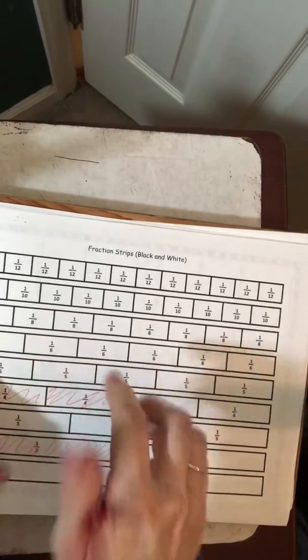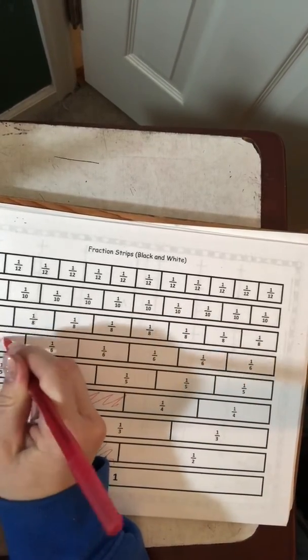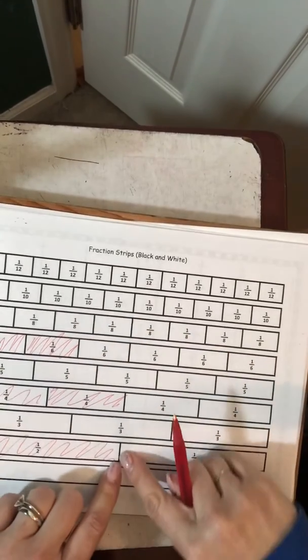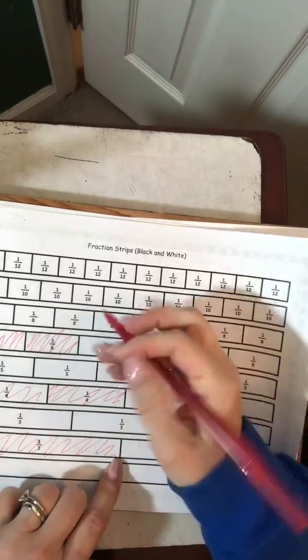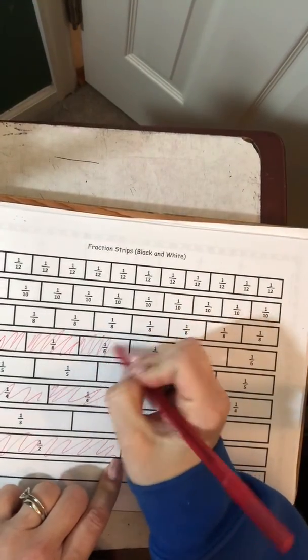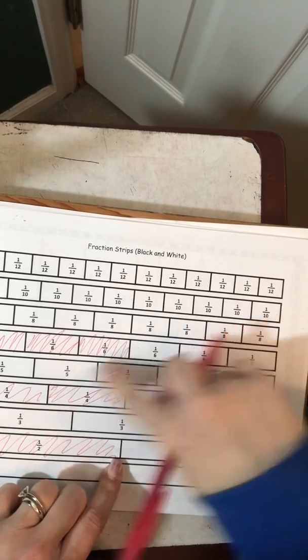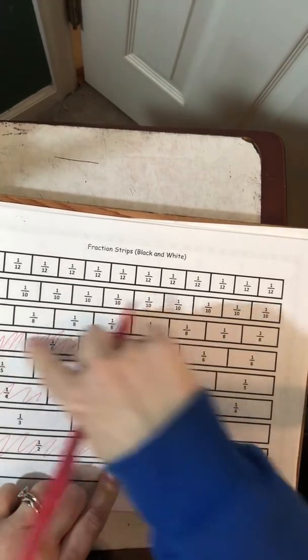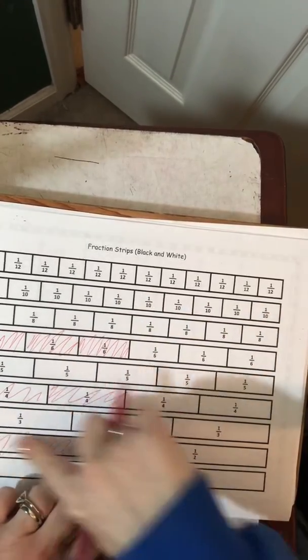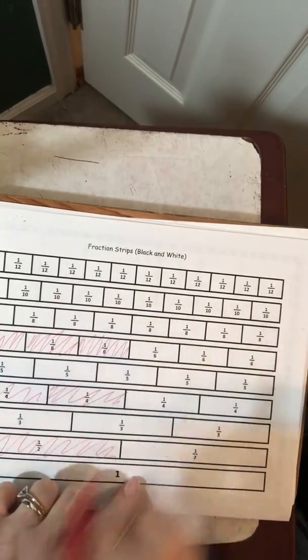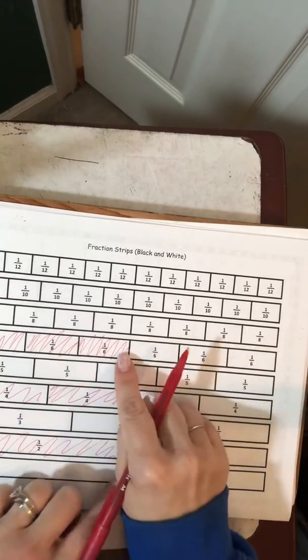If I go up to the 6ths, there's the one that we just did. How many of these 6ths are equal to 1/2? Well, follow your lineup. Oh, look, 1, 2, 3 of the 6ths is equal to 2 4ths. 3 of the 6ths is also equal to 1/2. What about 8ths?